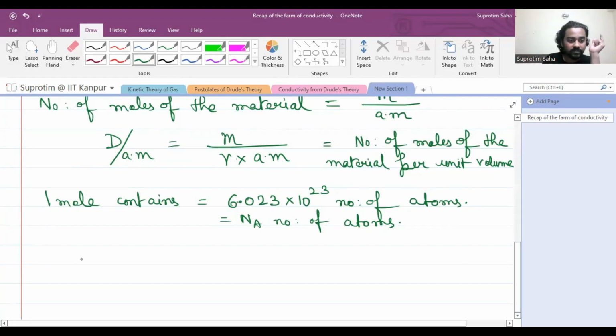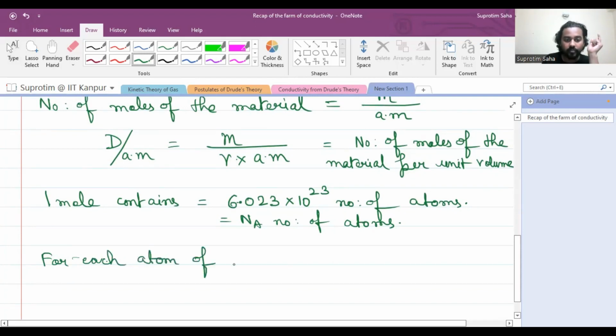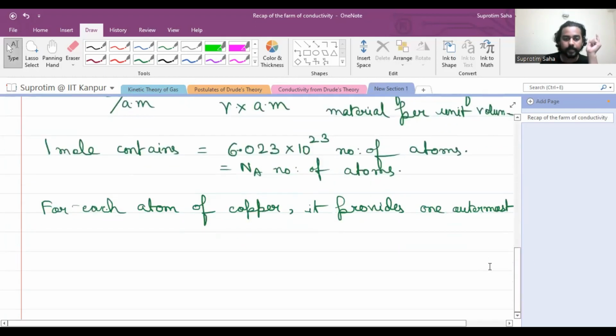So for each atom of copper, it provides 1 outermost electron from the valence shell.